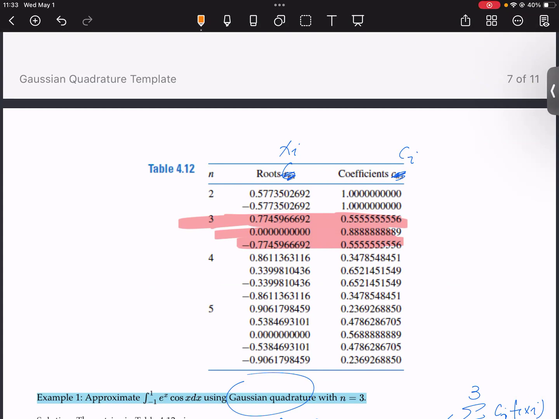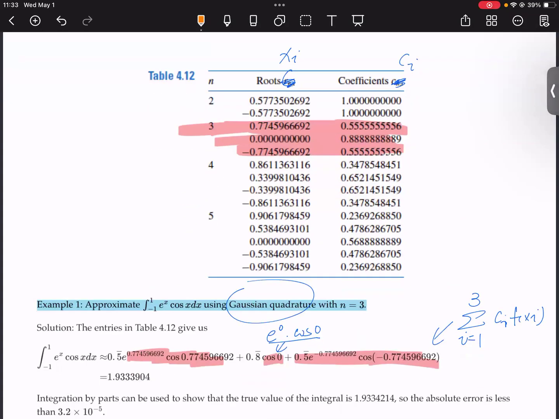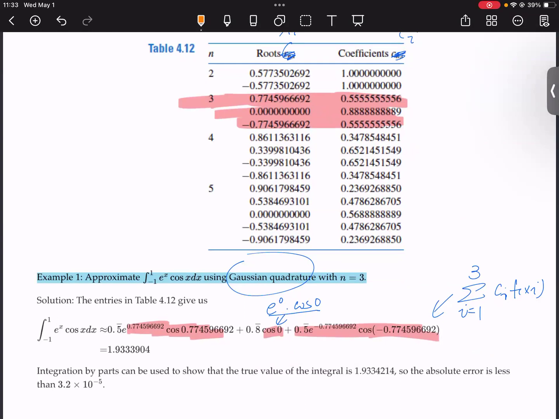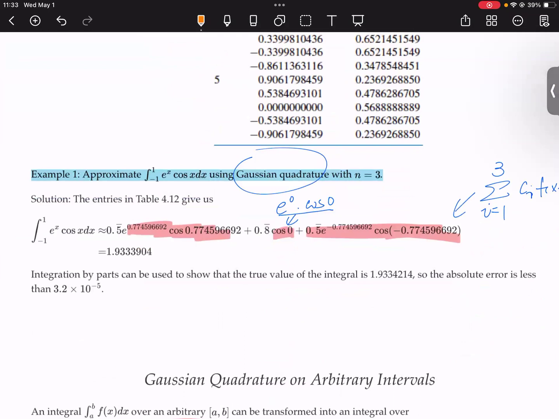We need to notice that n equals 3 for this problem, and that is the red color area I marked there. The general thing we need to do is get the coefficients and the f(x_i), multiply them, and then do the sum. So what we have here is this.